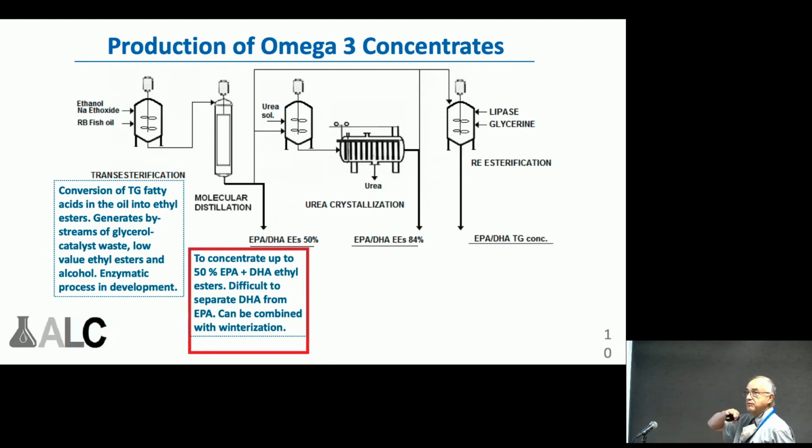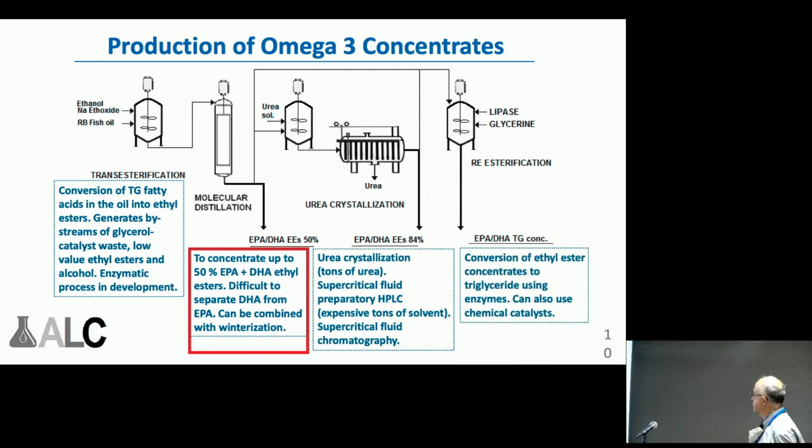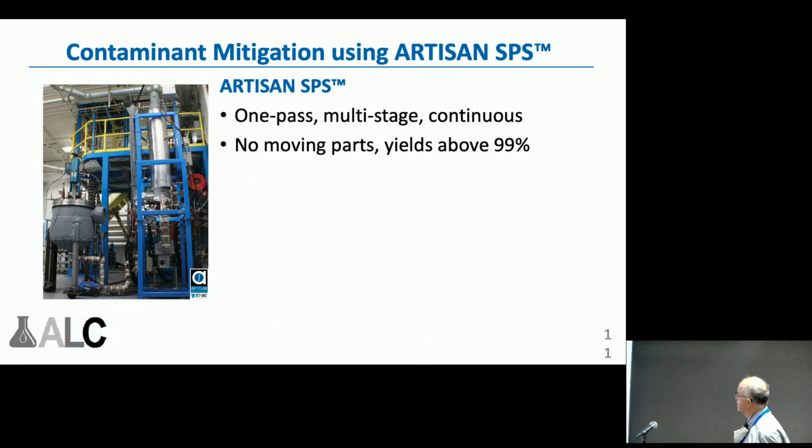In fact, when you purchase omega-3 concentrates, this is about the concentration that you find very conventionally using molecular distillation. With our short path distillation system, we can achieve higher concentration. These are the other steps. We don't need to go into detail on that. We just don't have the time, and that's for another talk.